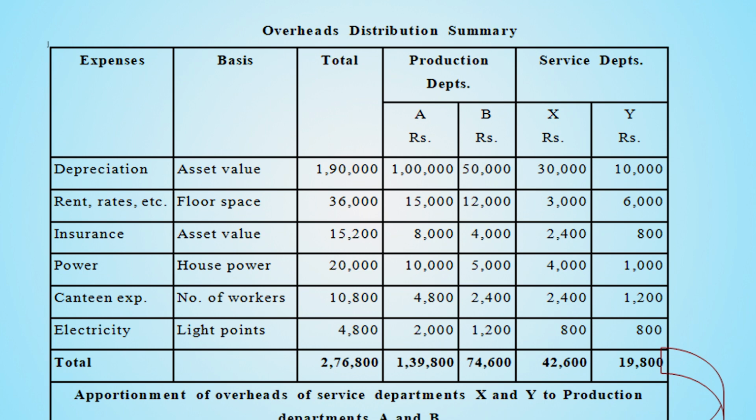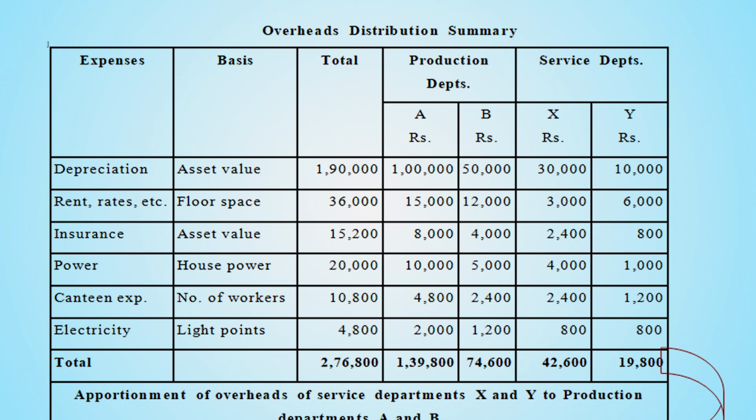Power total amount given is rupees 20,000 and base is horsepower. It is for department A rupees 10,000, for B it is rupees 5,000, for service department X it is rupees 4,000 and for service department Y it is rupees 1,000. Next expense is canteen expenses, which is to be allocated based on number of workers.